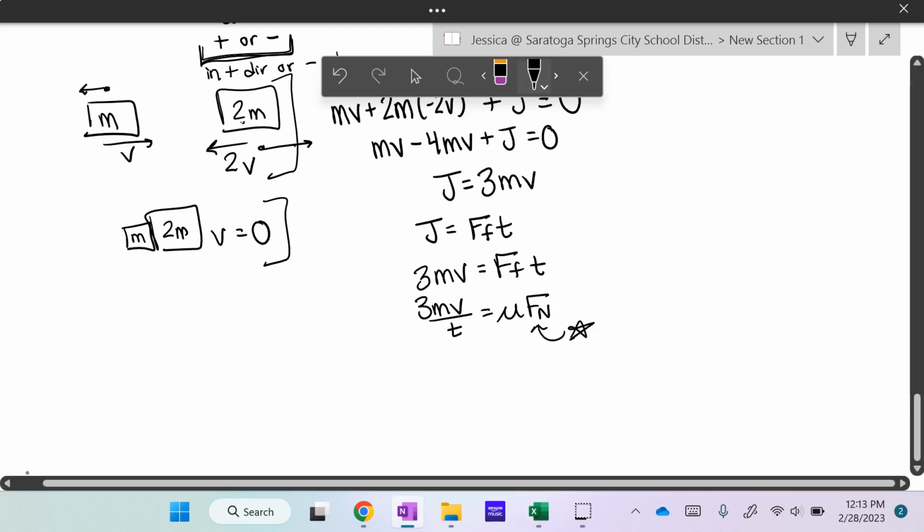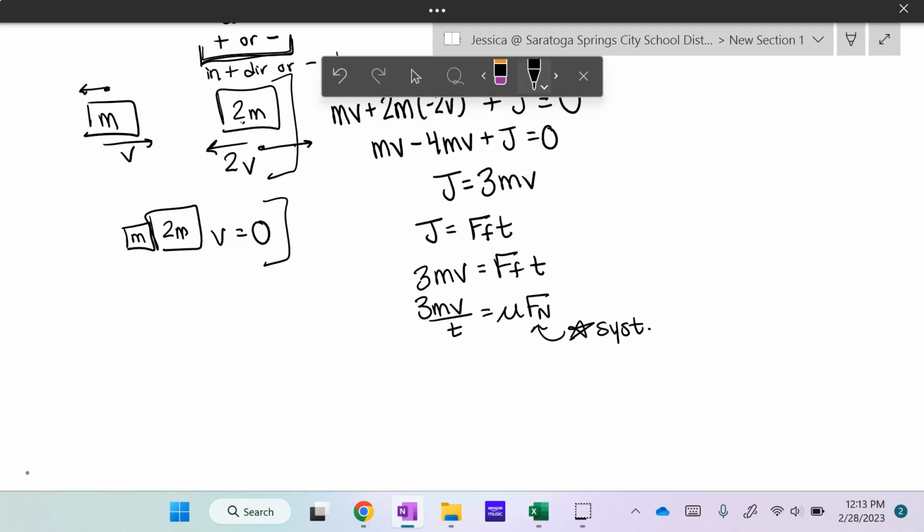Now, what's important to remember is when I'm talking about friction, I'm talking about the system as a whole. So when I talk about normal force, I need to think about my whole system normal force. So my whole system normal force would be the force of gravity acting on both masses, and that's the only vertical forces.